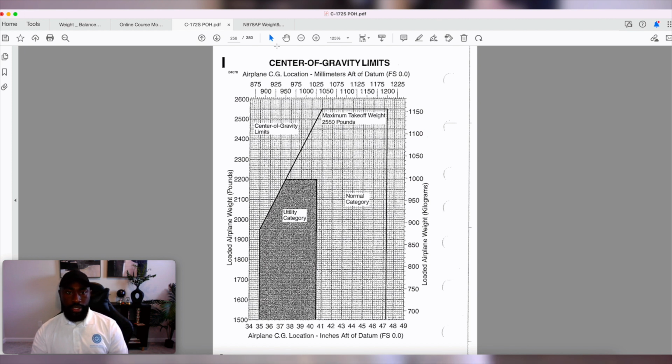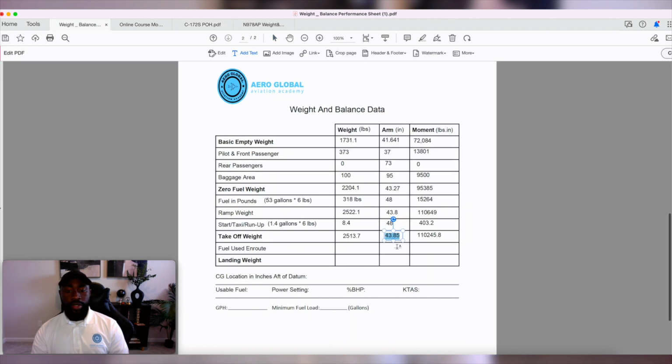This chart uses the weight of the aircraft and the airplane CG location in inches aft of datum, right? I'd like to bring your attention to this again. As you can see, it says the CG location in inches aft of datum. This is why this number right here is important. It's 43.85, so we put that number here.